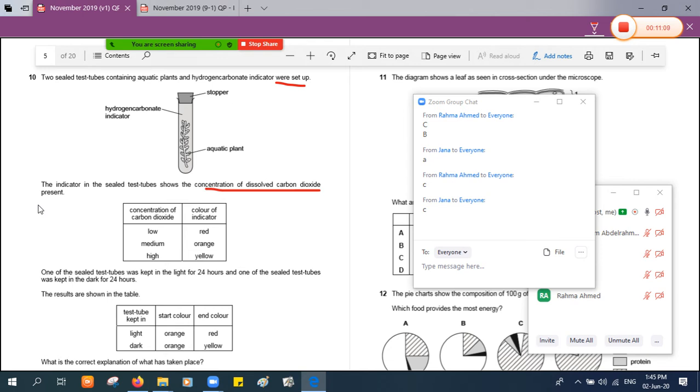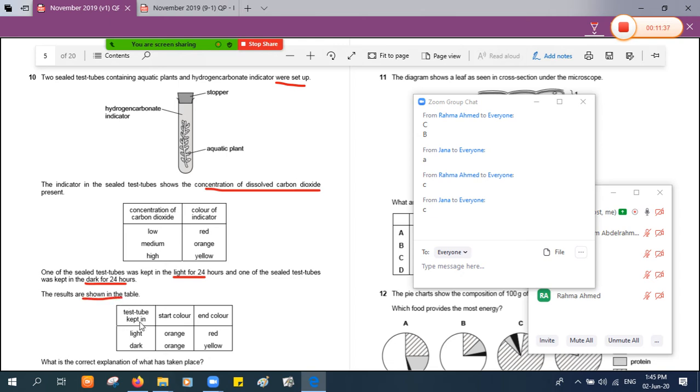So here, concentration of carbon dioxide low, medium, high. If it is low, the color will be red. Medium, the color will be orange. High, the color will be yellow. One of the sealed test tubes was kept in the light for 24 hours, and one was kept in the dark for 24 hours. The results are shown in the table.